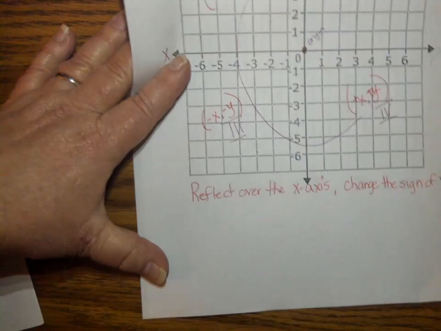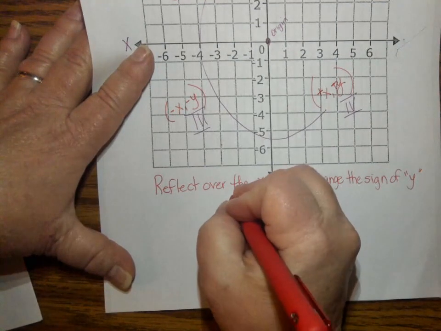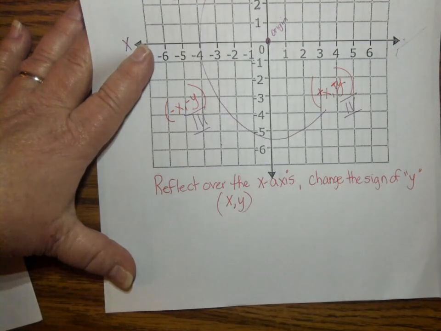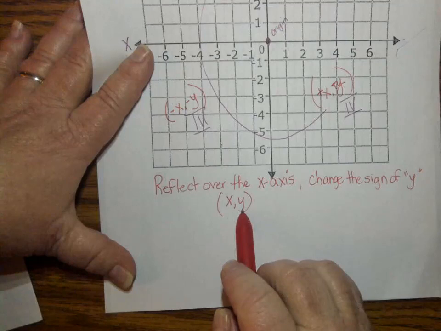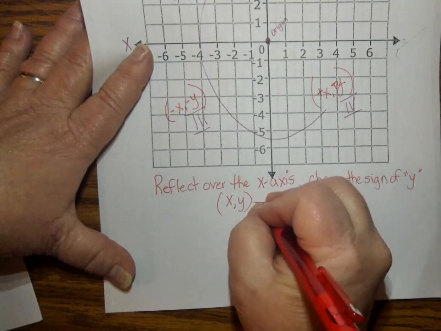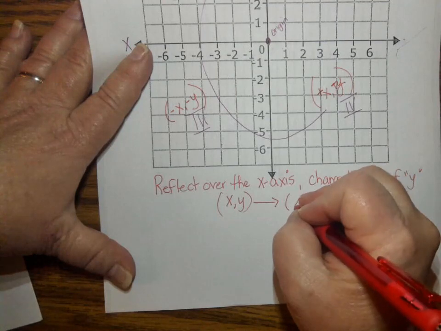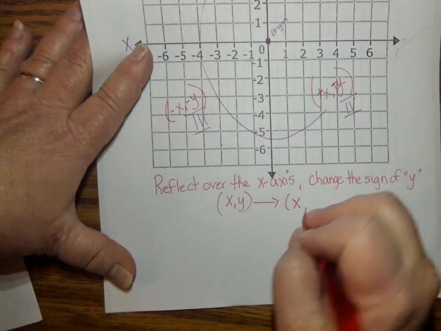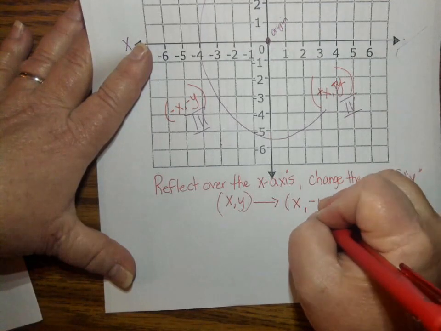And how we show that in a rule is every x and y coordinate of that figure, every point on that figure, every x and y coordinate pair, you change them by leaving the x the same, and now instead of being negative, it's change the sign of the y.